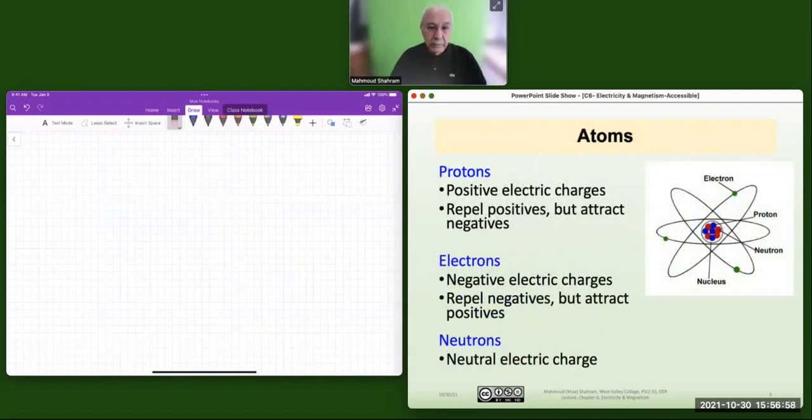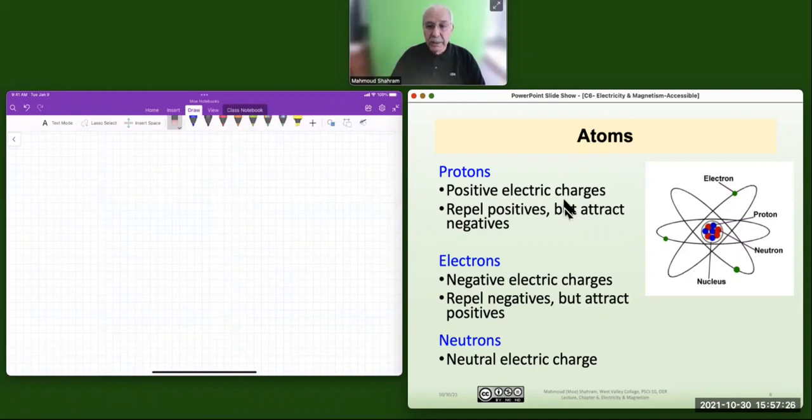Put them together, we have an atom. But the atom, under normal circumstances, is neutral. So the number of protons and number of electrons in the atom are the same, and therefore they cancel each other. Of course, we have another particle called neutron, and that is not electrically charged.